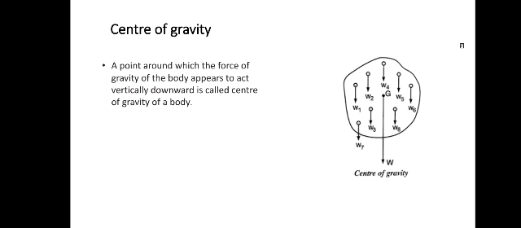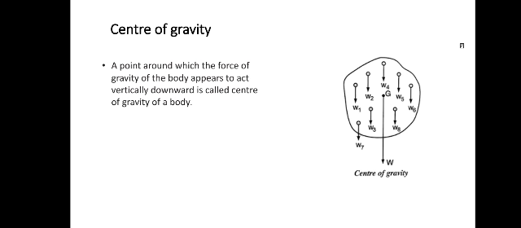So now you know that matter is composed of small particles, and on every particle a force of gravity acts in the downward direction. The pull of the earth acting on a particle is equal to its weight.